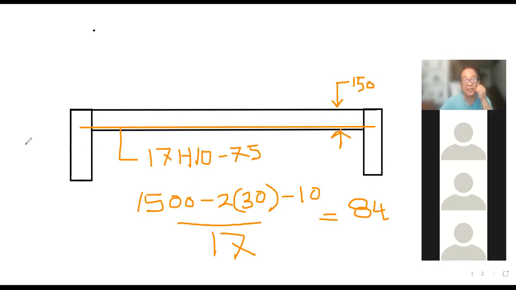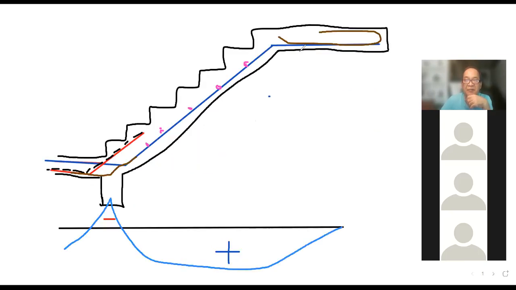So now kita dah ada reinforcement yang ini. What about secondary reinforcement? Tetulang kedua. Interestingly, remember kita punya reinforcement yang ini. This main reinforcement yang biru ni. Now, this blue reinforcement ni masuk ke dalam bahagian landing. If we look closely, this blue reinforcement extends into the landing itself.